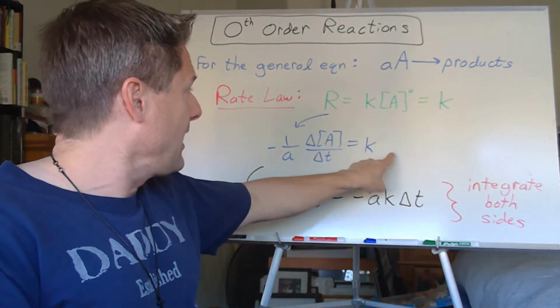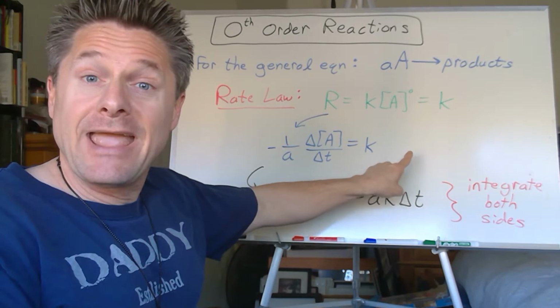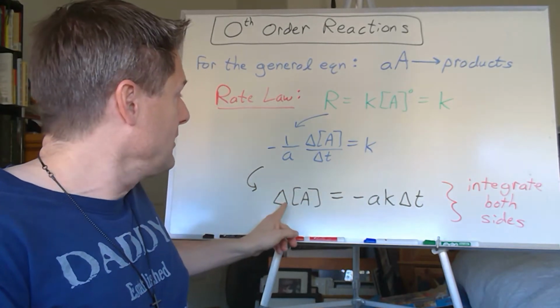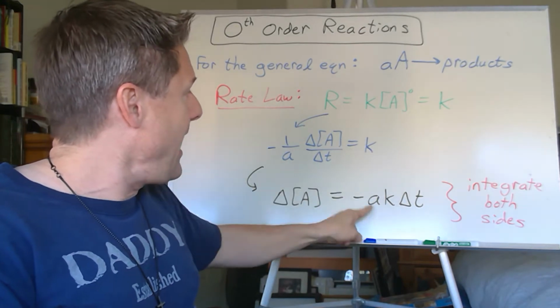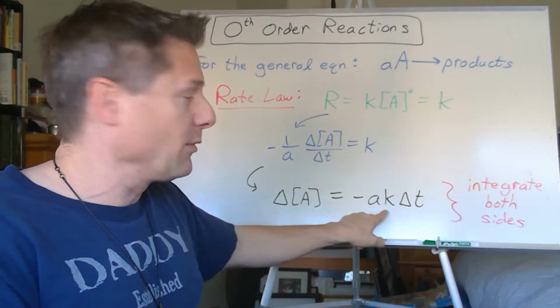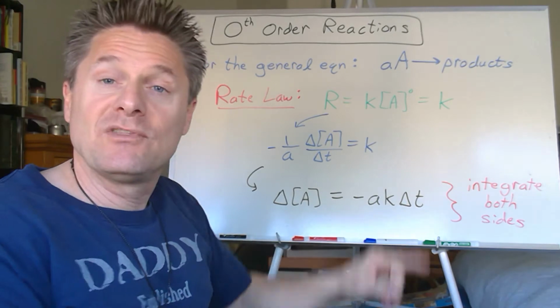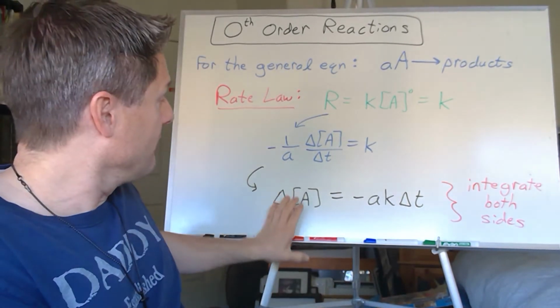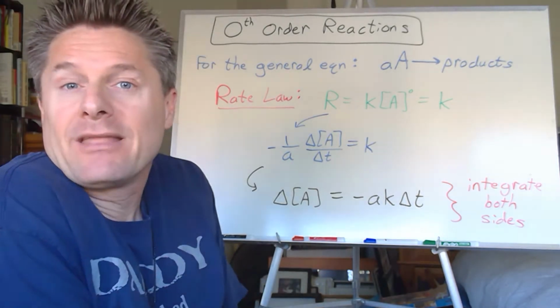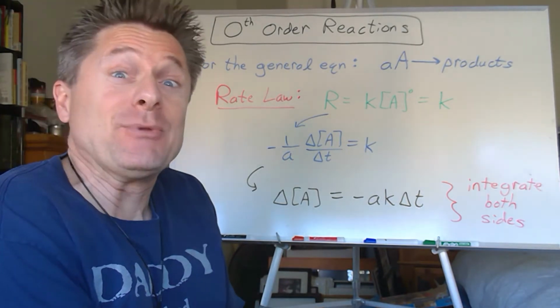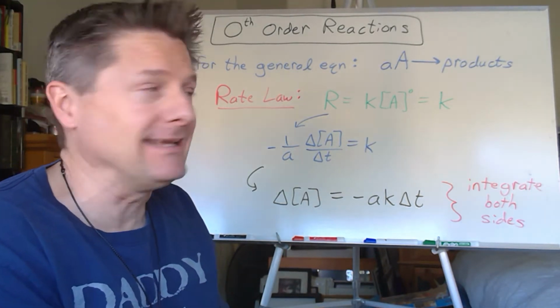Let's move the negative sign over to the right, and this constant a, which is the stoichiometric coefficient. So the change in A will just be negative a times the rate constant, those are both constants, times the change in time. So I've separated those delta terms, or if you're in calculus, you put a little d there, I think. It's been over 3 decades since I've taken calculus.